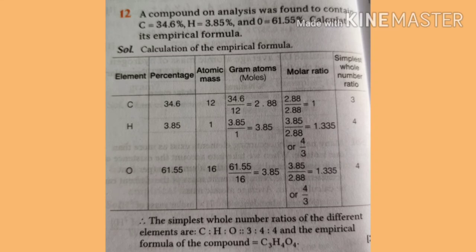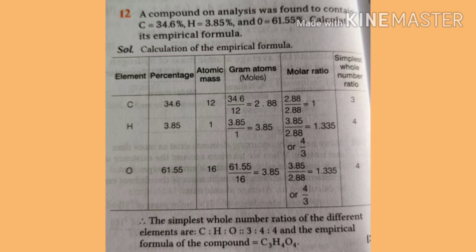Then you find gram atoms or moles, 34.6 divided by 12, that is 2.88. For hydrogen in a similar way, it is 3.85 divided by 1, equal to 3.85. For oxygen, 61.55 divided by 16, this is equal to 3.85.